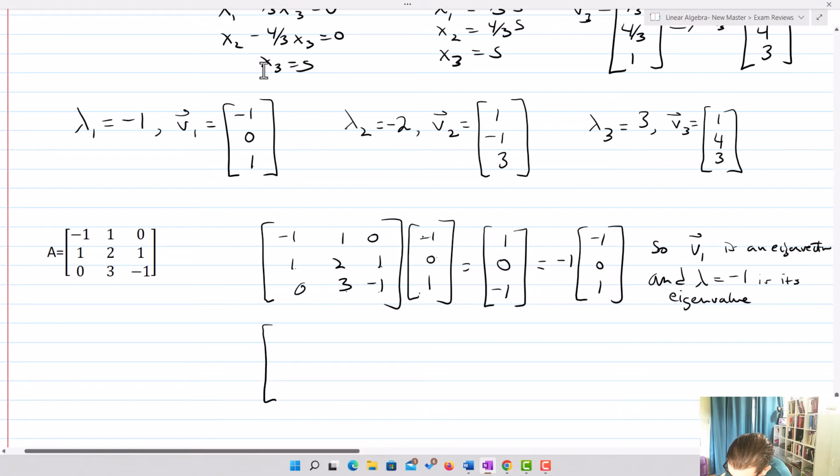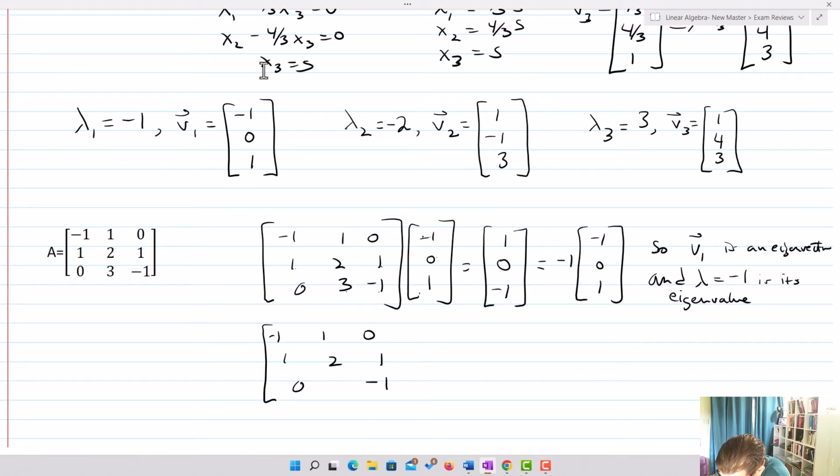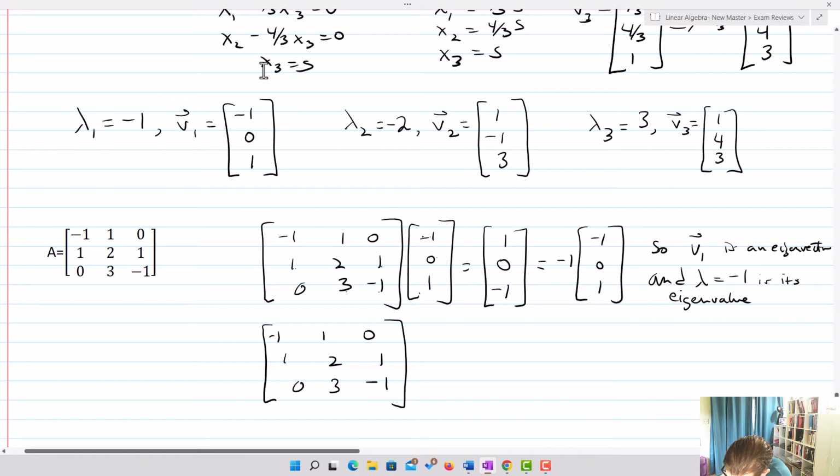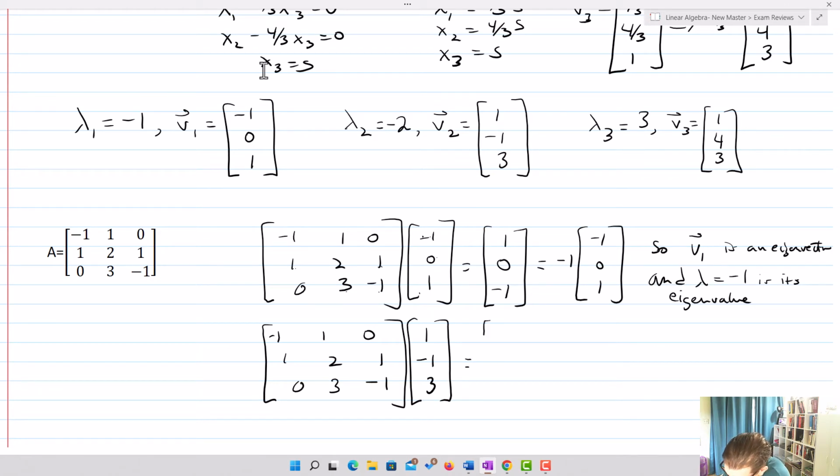Let's go down to L2. We take -1, 1, 0, 1, 2, 1, 0, 3, -1, and multiply it now by, in this case, 1, -1, 3. And this will then equal, we get -1 plus -1 is -2, so this is -2. 1 times 1 is 1. 2 times, so I'm going to write this down, 1 minus 2 plus 3.